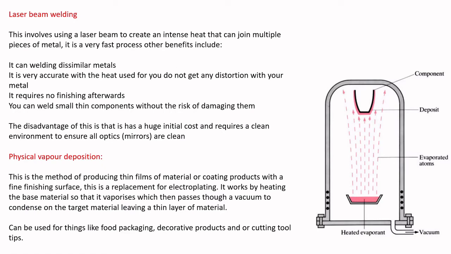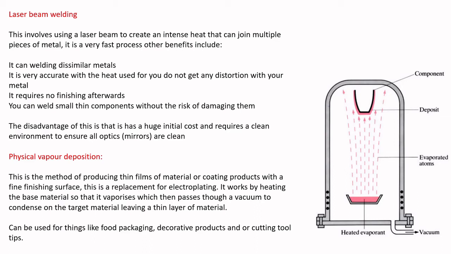So, laser beam welding, a new form of welding. This basically will let you create a very intense heat, and it will let you join multiple metals together, and it's a very, very fast process. A benefit as well is that this particular welding will let you weld dissimilar metals together, because typically with normal welding like MIG and TIG you have to do steel to steel, aluminium to aluminium.